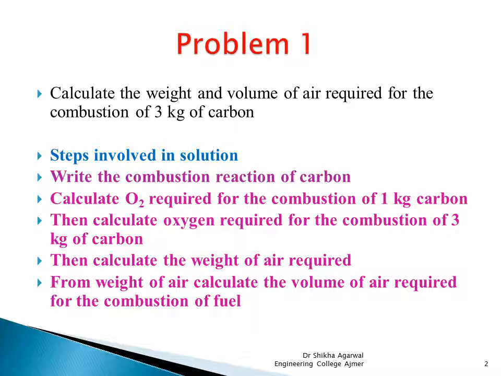After that, we will calculate oxygen required for the combustion of 3 kg of carbon. From the weight of oxygen that we get, we will calculate the weight of air required, and then the weight of air is converted into the volume of air required for combustion. Remember, the question says to calculate both the weight and volume of air.